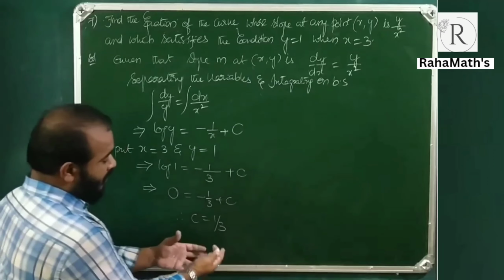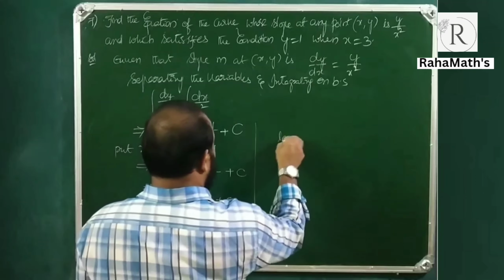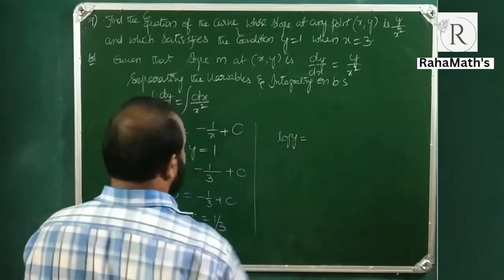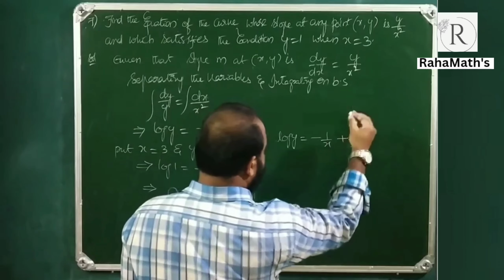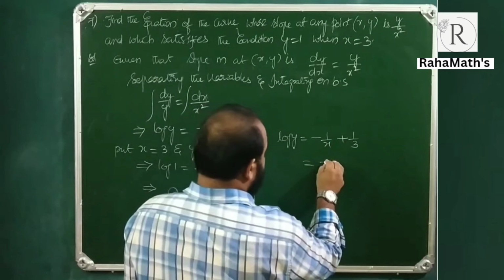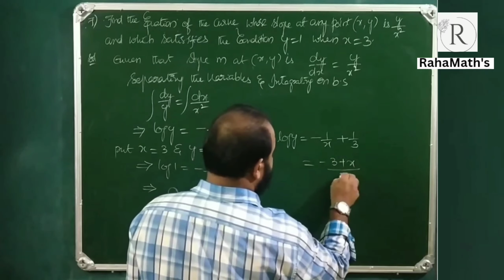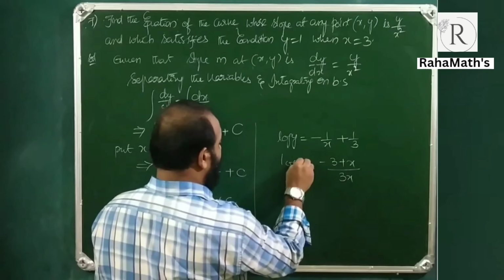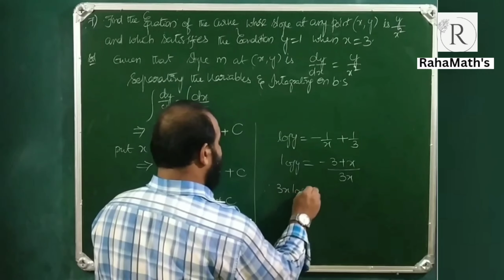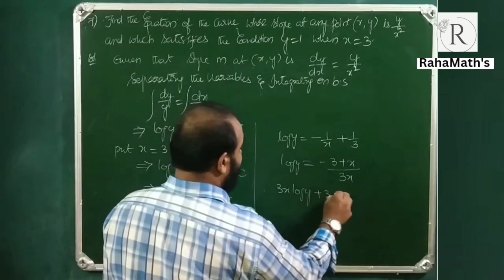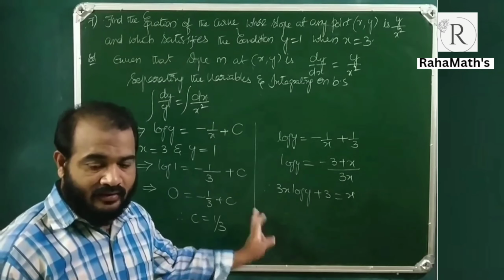So if you substitute 1 by 3 back into this, we'll get log y is equals to minus 1 by x plus 1 by 3. So this is equals to minus 3 plus x by 3x is equals to log y. So therefore 3x into log y plus 3 is equals to x is the required particular solution.